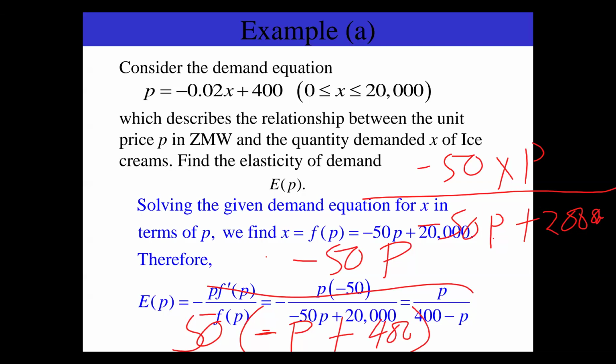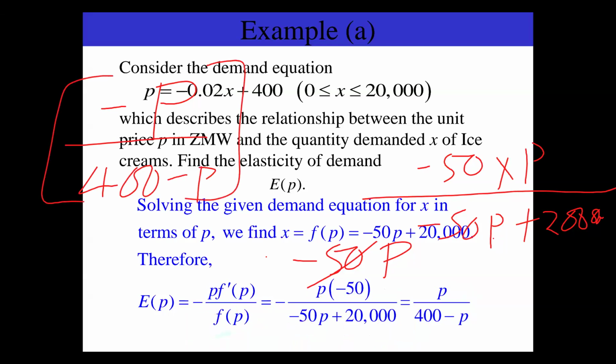And so this and that will go, right? So we have negative P over 400 minus P, right? Then times this negative in the formula. You've seen the negative in the formula. So it will be times negative 1. So that will make it positive P now. That's where that positive P is coming from that you're seeing in the question. Okay.